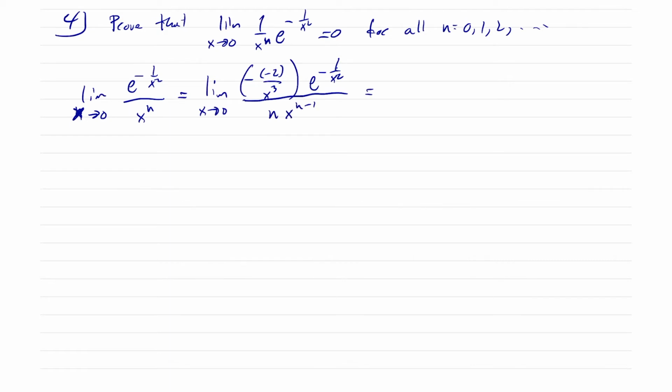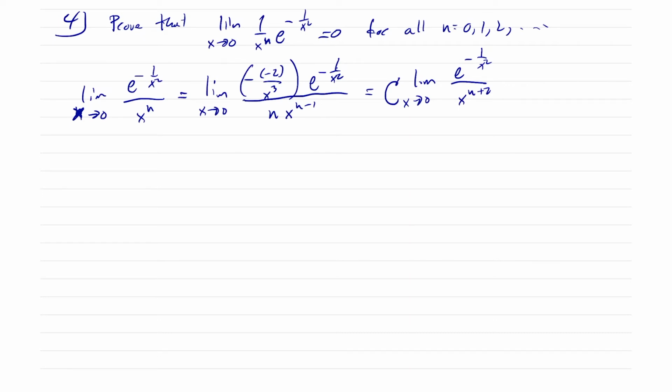And so this ends up giving you some constant times the limit as x goes to 0 of e to the minus 1 over x squared, and then on the bottom we very inconveniently have increased the exponent by 2. So if we were trying to set up some sort of induction argument, this would just fall on its face, and the reason why we're running into problems here is because we have the minus 1 over x squared.